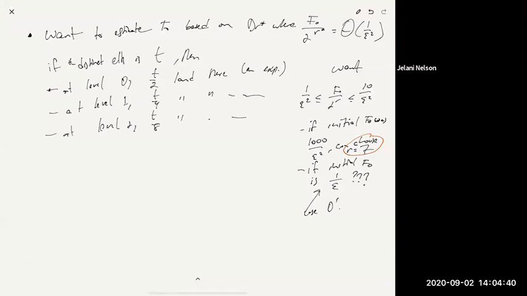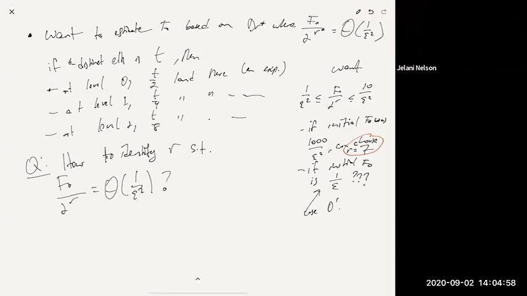Okay. So the question: how to identify an R such that f0 over 2 to the R is theta of 1 over epsilon squared. The key insight here is that to be able to do this, you don't need to know f0 exactly. You just need to know it up to a constant factor, right?